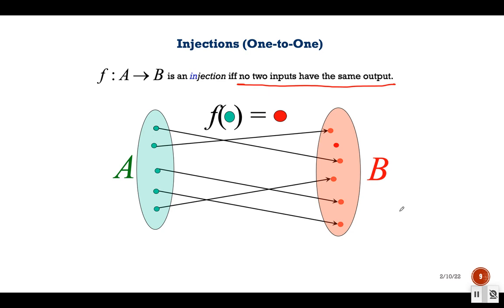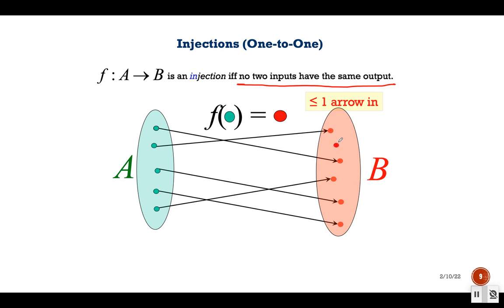That's what it is saying. Say for example here, this one is mapping this one. How do we understand that? When I have the set B, for every element of B I have less than or equal to one arrow. So there are some elements that don't have any arrow, meaning there are some elements in B that no input maps to.